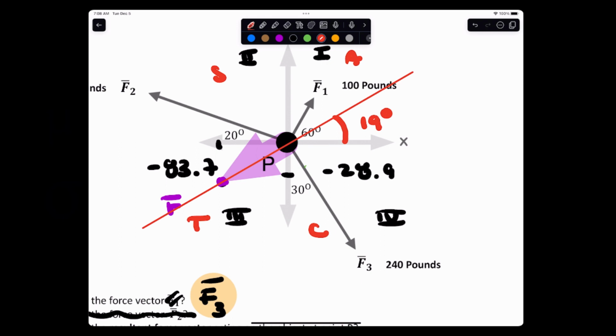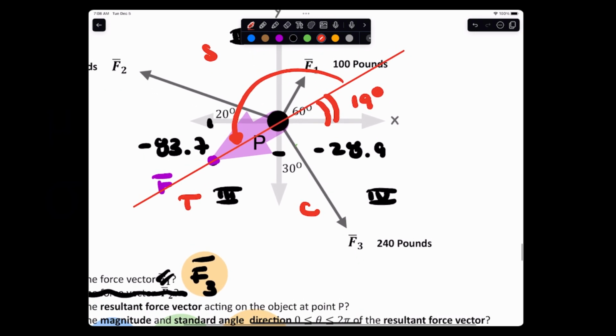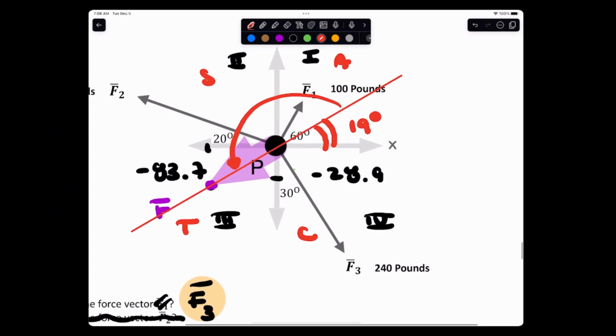So how do I get the real angle? Yes, you're going to have to add what now? Yeah, you're going to have to add 180 here. Is that right? So what's 19 plus 180? Right? So you're going to add the 19 plus 180, and what does it give you? 199 degrees.